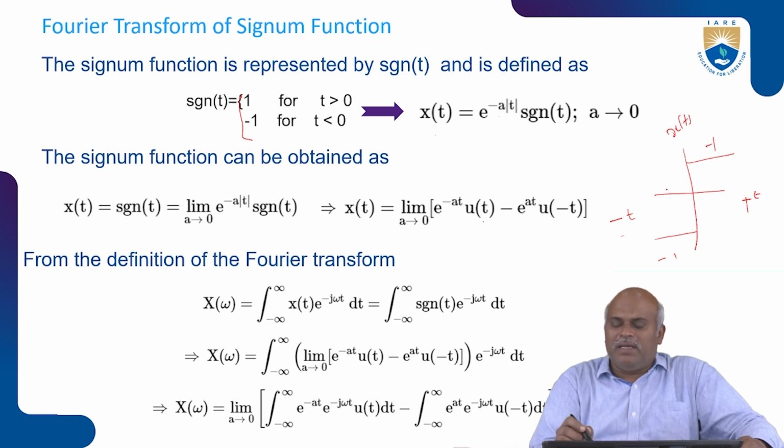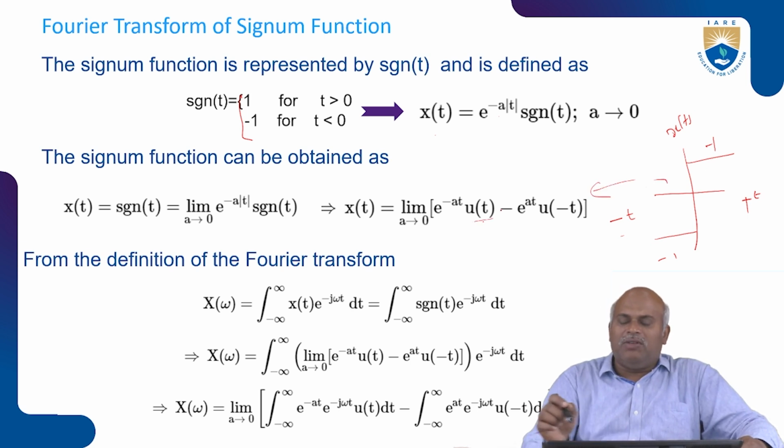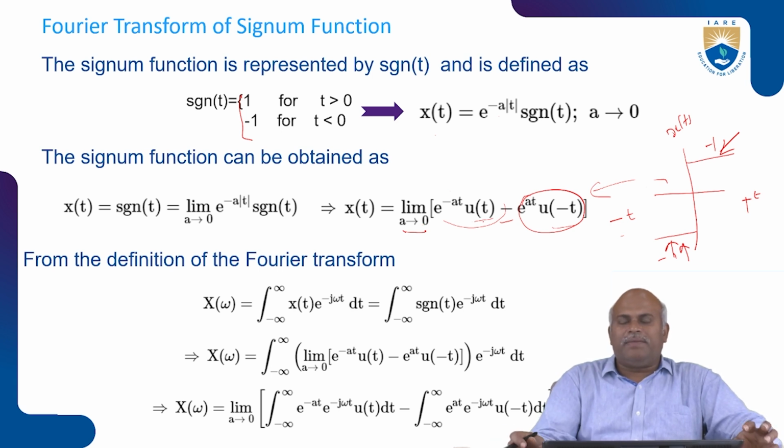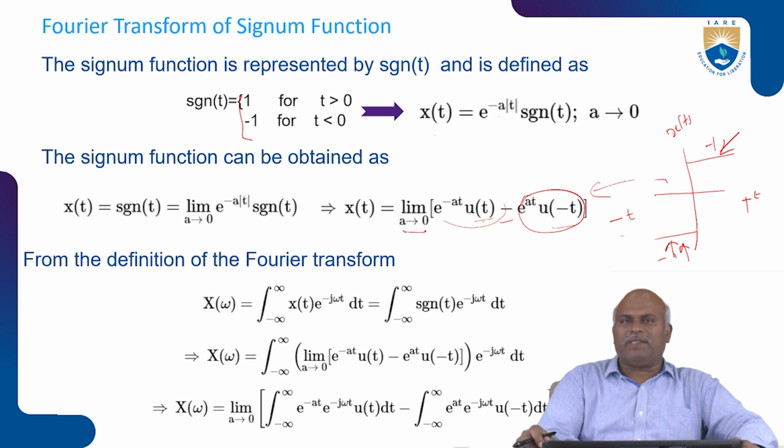This waveform I should write like this, because u(t) is represented as 1, and minus u(minus t) is represented as minus 1 here. Now a tends to 0, in the sense e power 0 is only plus 1. From the definition of the Fourier transform, we write the Fourier transform as X(omega) equal to the integration from minus infinity to plus infinity of x(t) e power minus j omega t dt.